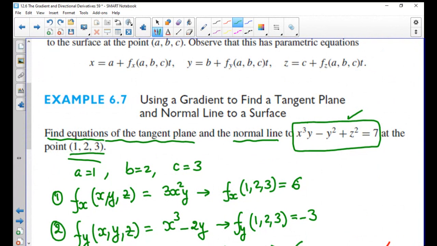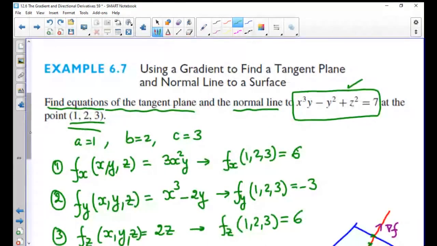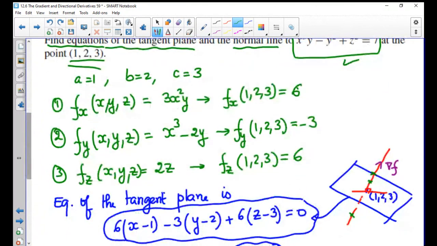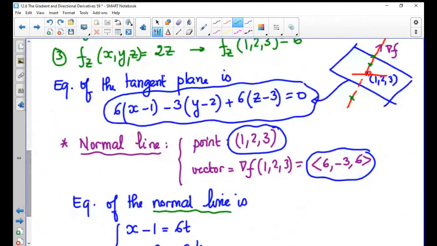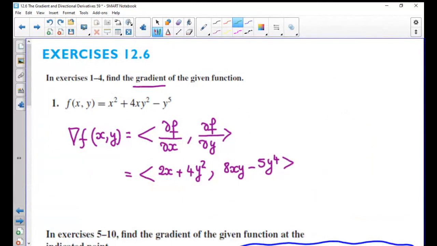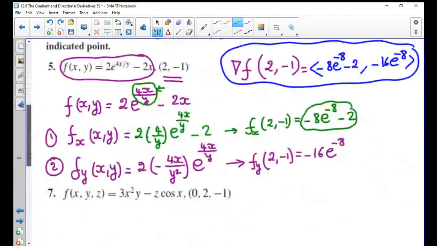You will probably see questions like this in tests, assignments, and so on. Finding the equation of a tangent plane and the normal line for a certain surface is very easy. You find the partial derivatives, then you write the equation of the tangent plane, and you can write the equation of the normal also using the partial derivatives. Right, so that is basically this section.